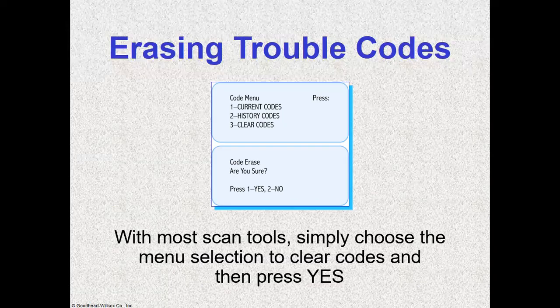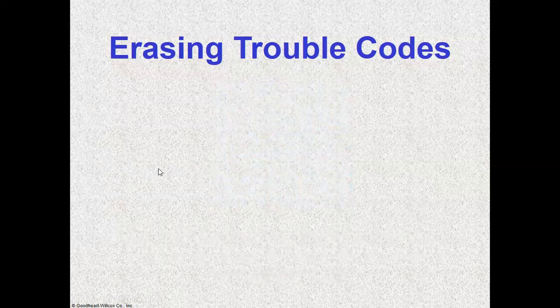You can write down the code somewhere. Some scan tools can store it in scan history, so if this car comes back with a check engine light, you can refer to the previous scan to see if it's the same code or a different code. So the tool wants to make sure you actually want to delete the code and are not deleting it by mistake.